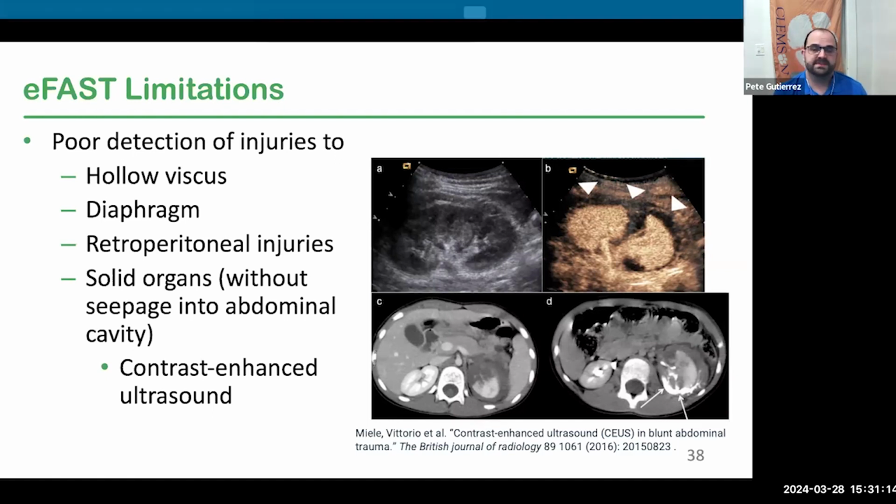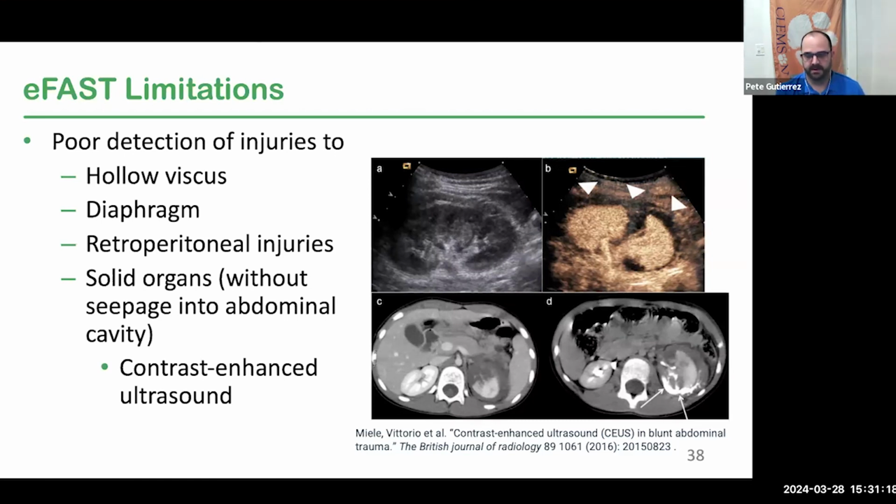For those specific kinds of injuries, there's contrast enhanced ultrasound, where there are a lot of studies going on right now, but it hasn't quite gone into the mainstream yet.